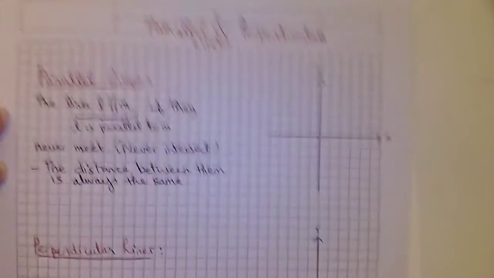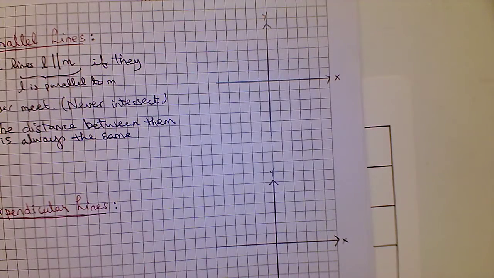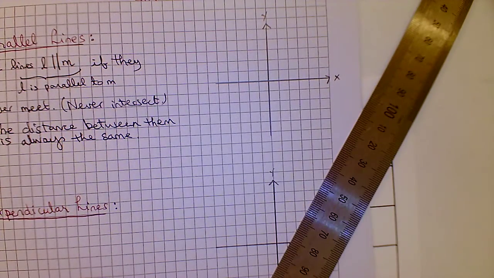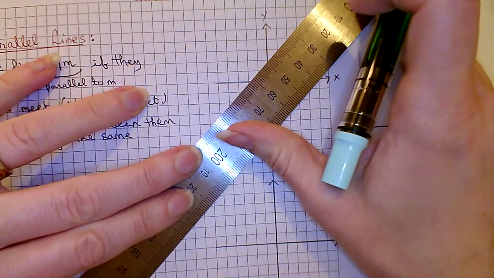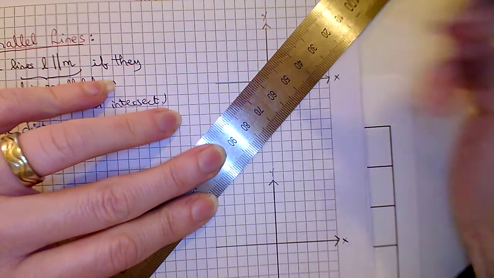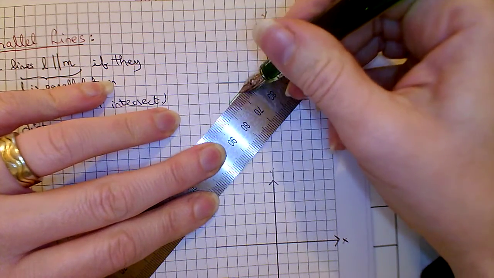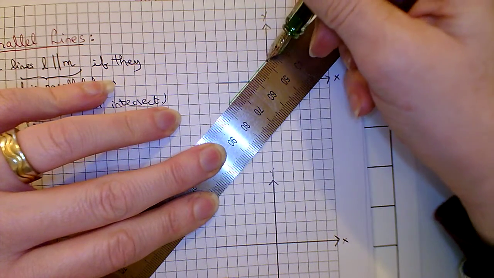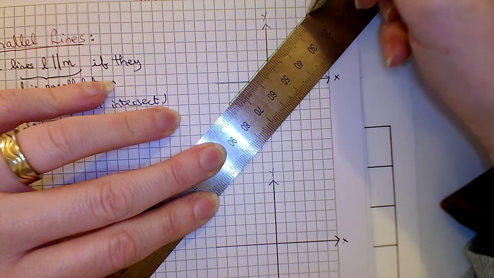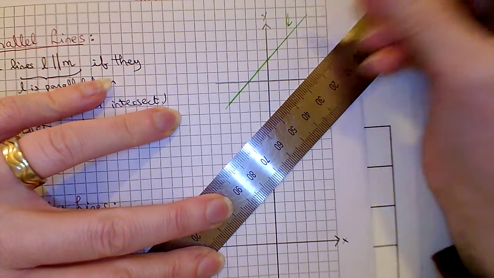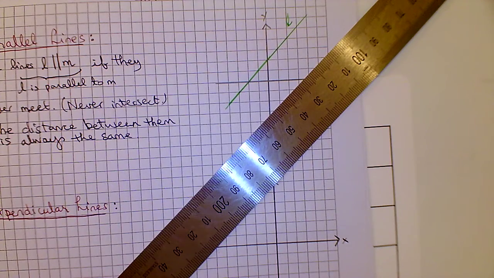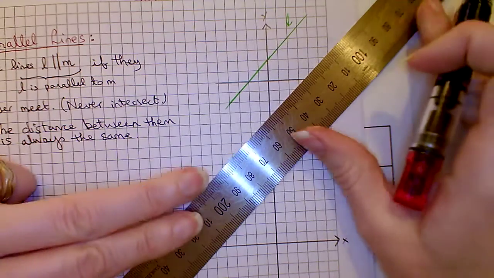Let's sketch a quick example of what parallel lines might look like. So I've just got a little XY axis here, and I'm going to draw a line with a slope of 1, which means that every time I go up one box, I go over one box. I'll call that one the line L. Now if I want to draw a parallel line to this, the distance between them must be the same.